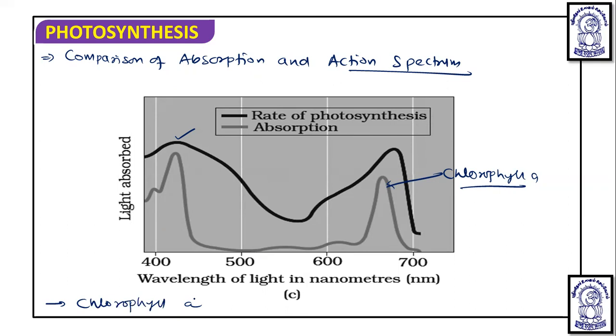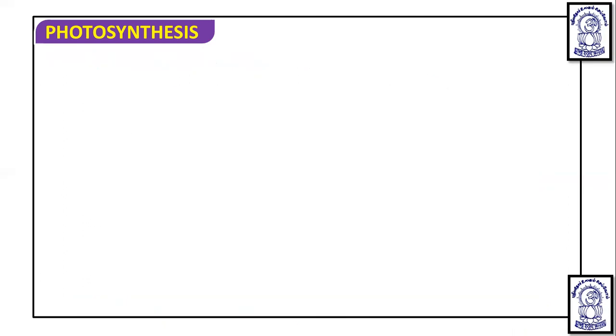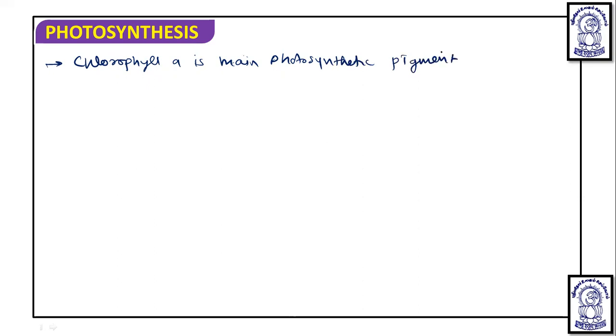So absorption spectrum we have discussed, action spectrum we have discussed, and ultimately we have shown that here chlorophyll A and B show resemblance with the action spectrum, but in this, chlorophyll A is the main photosynthetic pigment, because the maximum resemblance with the action spectrum is of chlorophyll A's absorption spectrum.